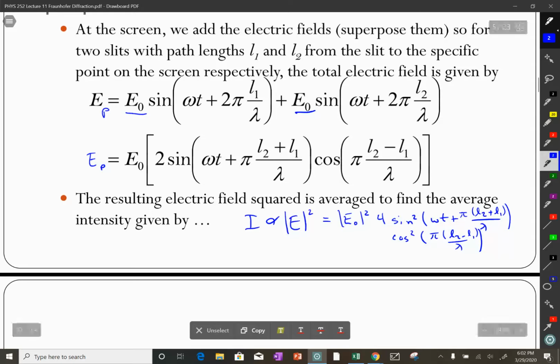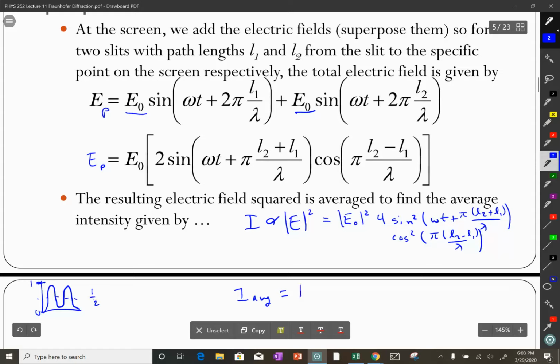Instead, we say the intensity averaged, and this is averaged over time, the average of sine squared goes from 0 to 1. It goes like this. And so the average is 1/2.